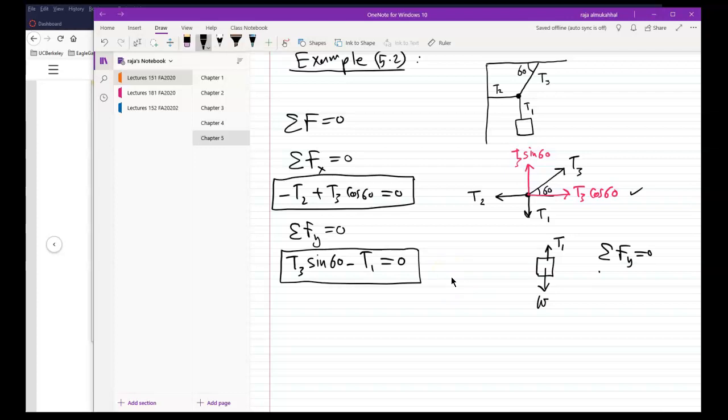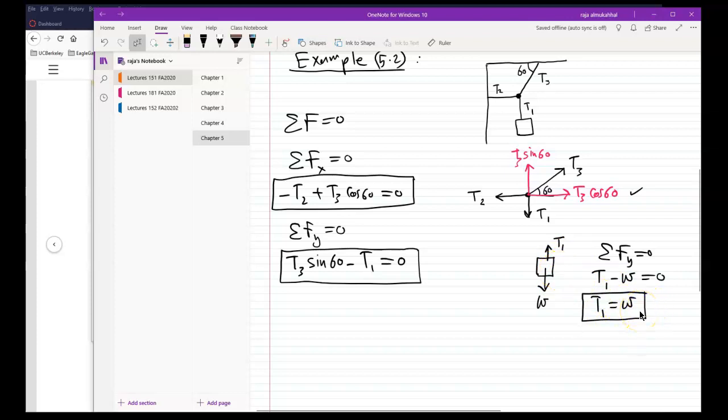And so I have T1 minus W equals 0, and T1 is equal to W. Okay, that's interesting. I solved this one. It says here that T1 is equal to the weight. I hope you're not surprised by that. It's very similar to the chandelier problem, the one I just did.